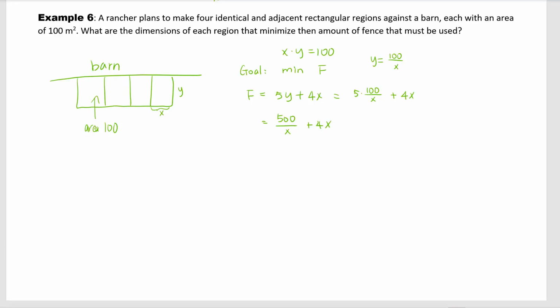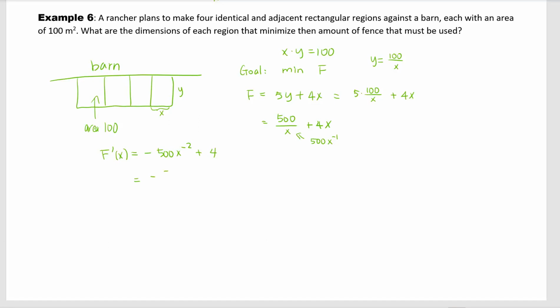Now what is f prime? The derivative of 1 over x: make it into standard form, 500 times x to the minus 1. So it's minus 500 x to the minus 2, plus the derivative of 4x, which is 4.